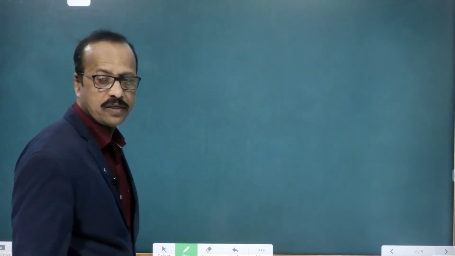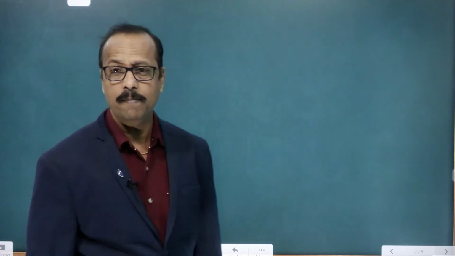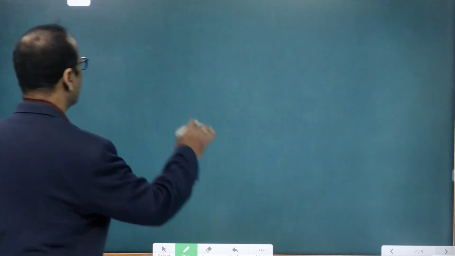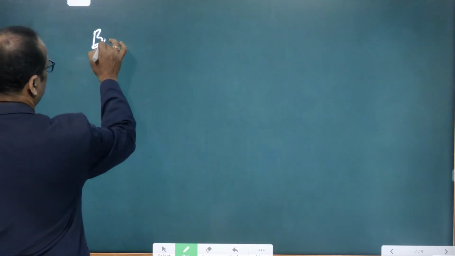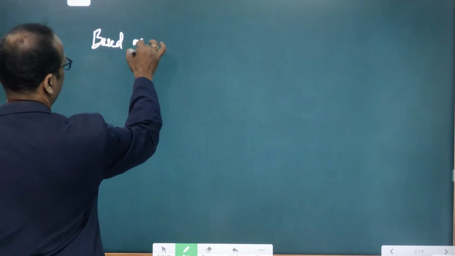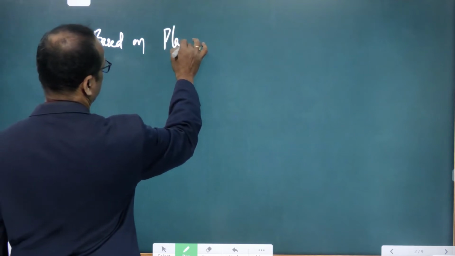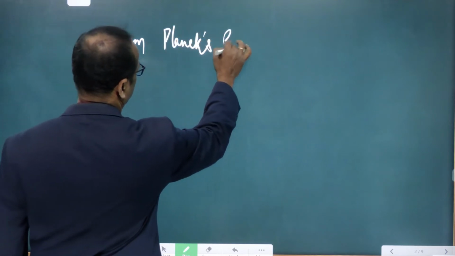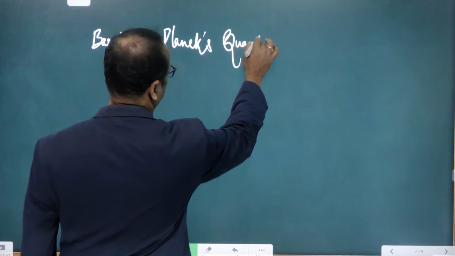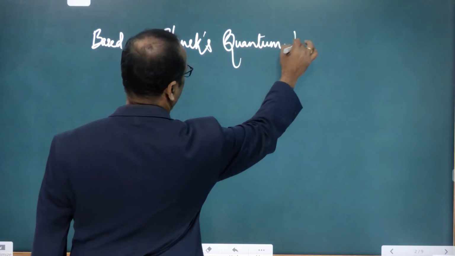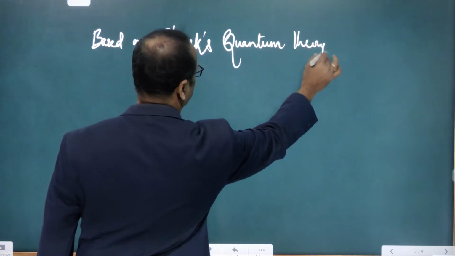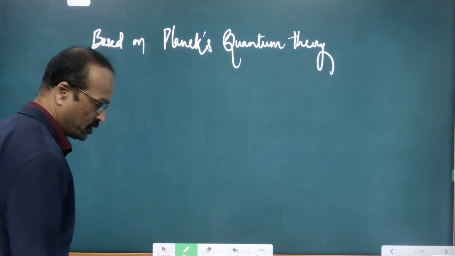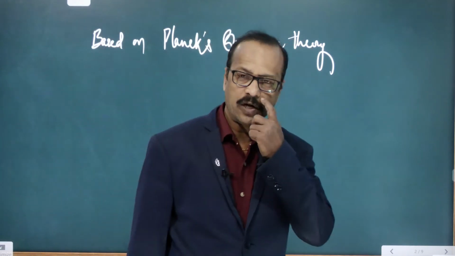To rectify the defects of the Rutherford atomic model, and based on what? Based on Planck's quantum theory. Important point here: based on Planck's quantum theory, Niels Bohr proposed the atomic model.